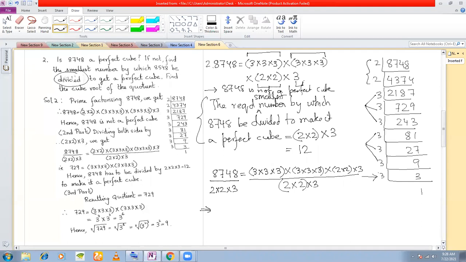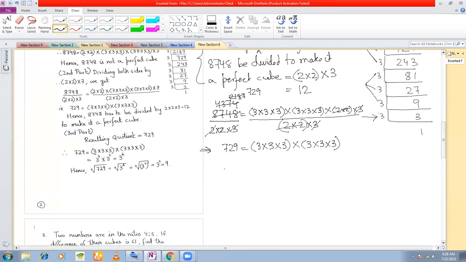So that means here what will happen? You start cancelling here. You get 4374. Next you cancel, you get 2187. And next you cancel, you get 729. Right? So you get 729 is equal to, and obviously this here will cancel. This here will cancel. So getting 729 is equal to 3 into 3 into 3 into 3 into 3 into 3.